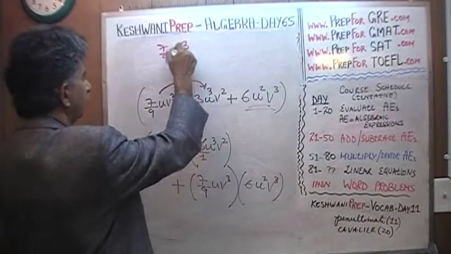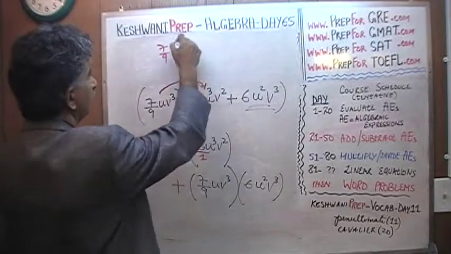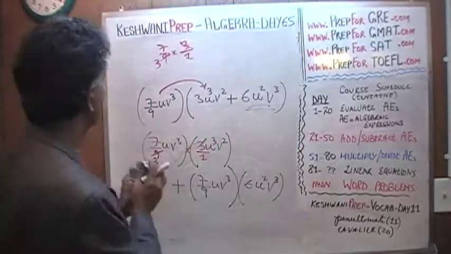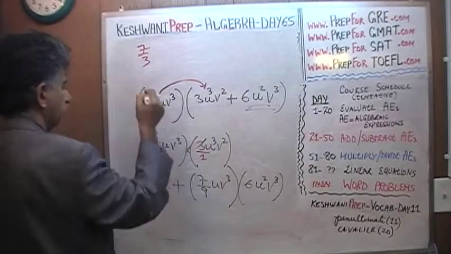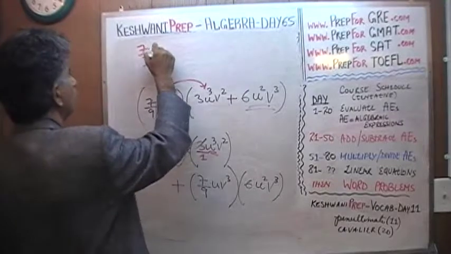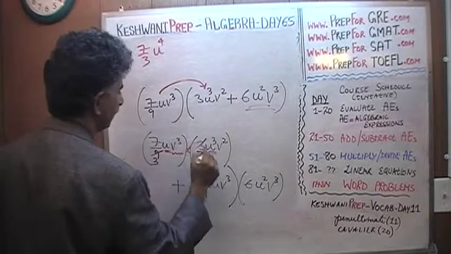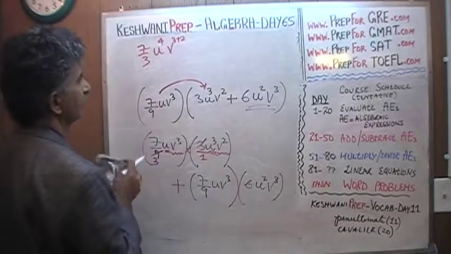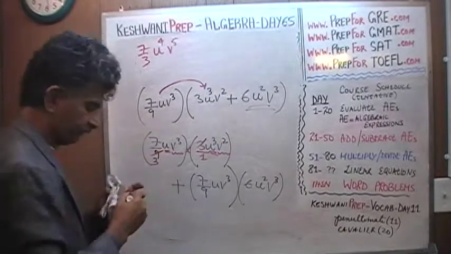So it's 7/3. Then u times u cubed is u to the 4th, and v cubed times v squared is v to the 5th. That takes care of the first term.